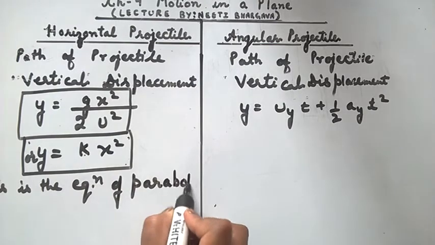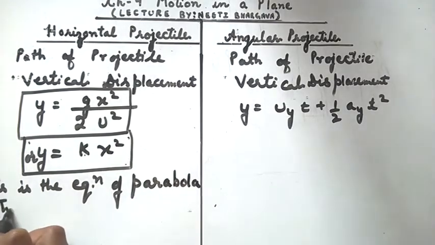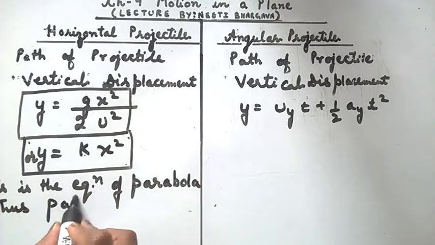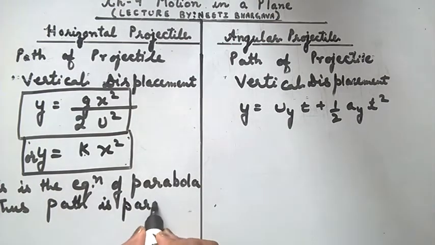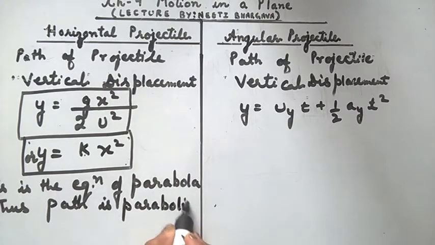Thus, the path is parabolic. And this is the path of a projectile covered in horizontal projectile.